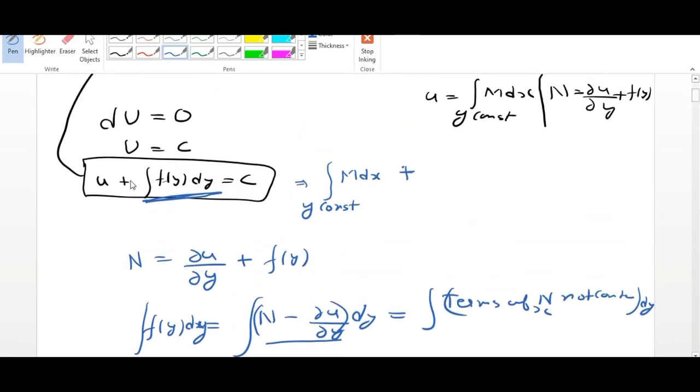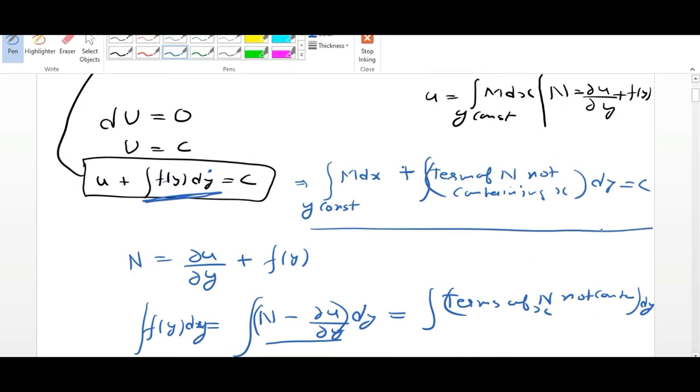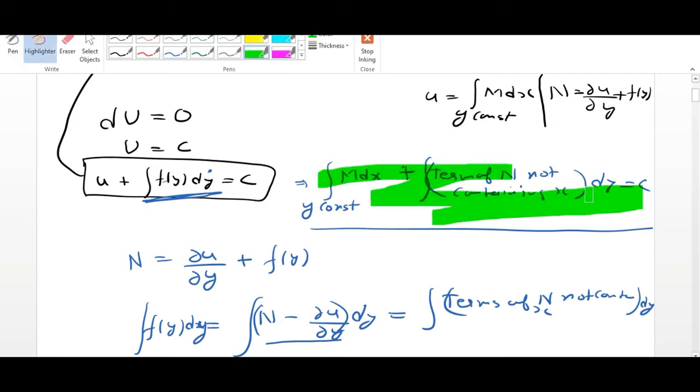This means the integral of f(y) dy is equal to the integral of the terms of N not containing x, dy, equal to c. So this equation will give the solution of the exact differential equation.